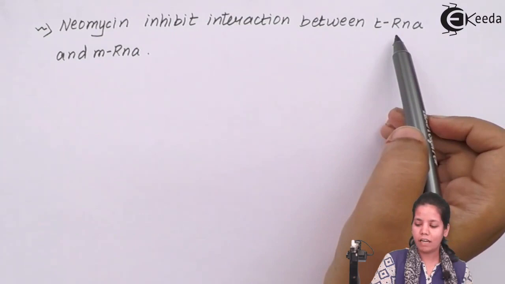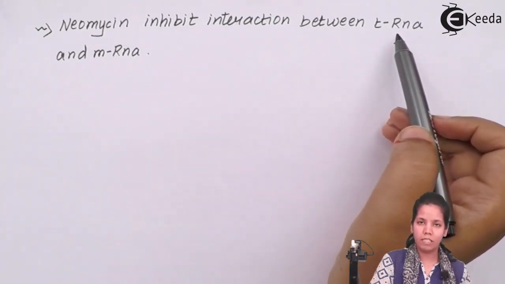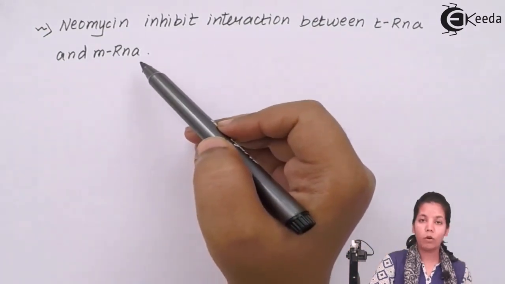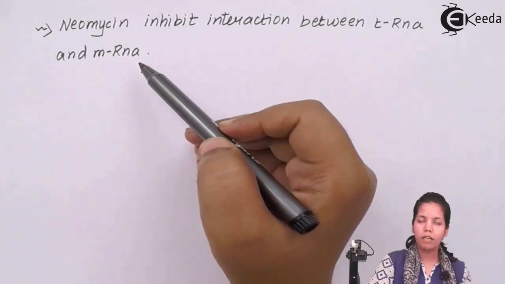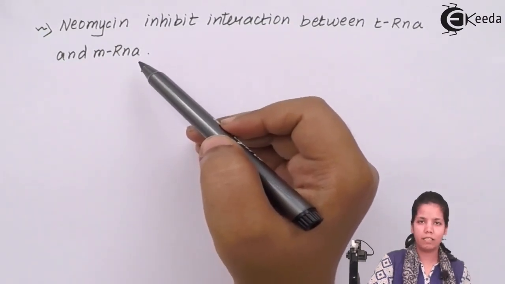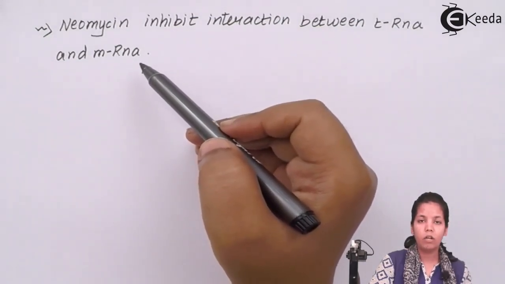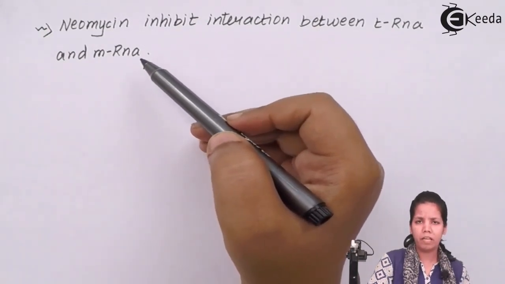So if the tRNA could not carry the amino acids from the cytoplasm and bring it to the mRNA, which has the codon region, and there is no formation of codon-anticodon pairing, hence no proteins would be synthesized. And obviously, the mechanism by which bacteria is working to cause disease in an individual will come to a halt, or it could fail.